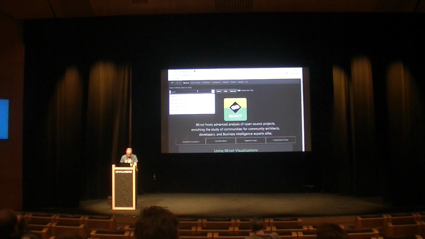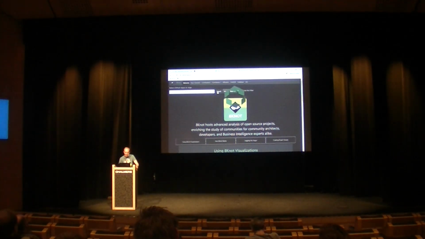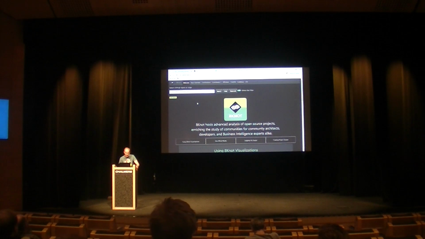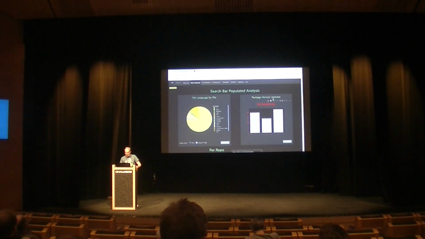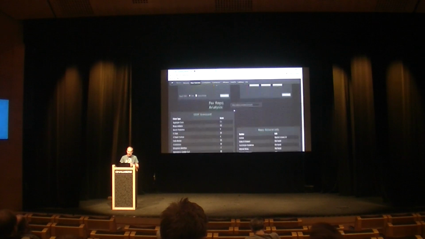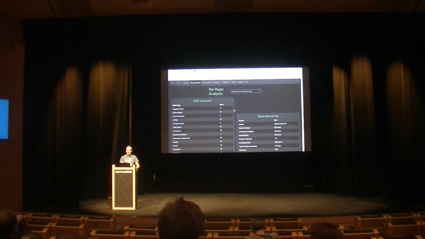Let's try to use our KubeWeird project as an example here. I'm searching for the project to see whether it can pop up data for me. Yes, we can't see the registration at all, but we can see at least the languages, the other basic statistics, and the OpenSSF Scorecard.